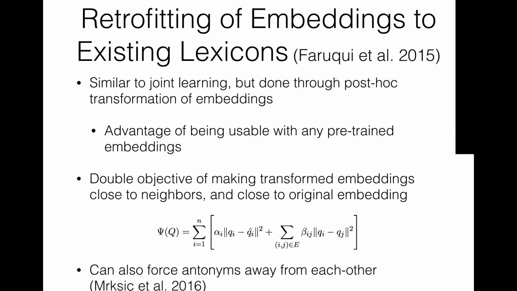At the same time, what we also want is that if there exists an edge between two nodes, in this case i and j, so node i and node j are connected, then we'd like to minimize the distance between the representations of the two nodes. So q_i is the word embedding of some word like car, and q_j is the word embedding of motor vehicle. They want to make them close together. And alpha_i and beta_ij are the hyperparameters.